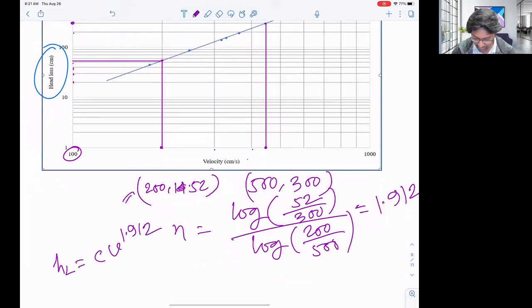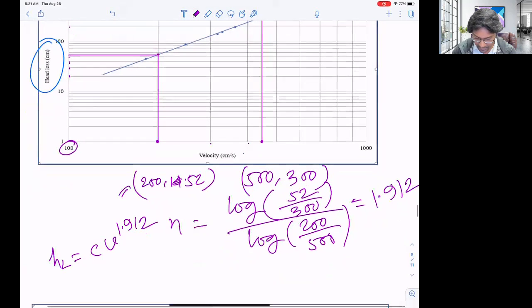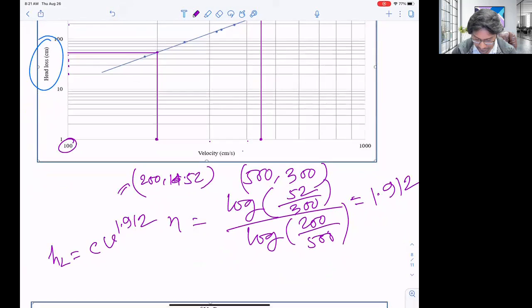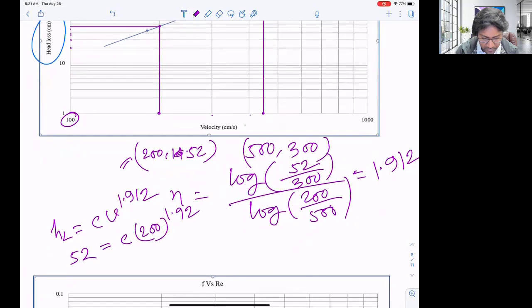If I use the first point, what is the head loss? 52. So 52 is equal to C, which is unknown, times the velocity 200 to the power 1.912. So 52 divided by 200 to the power 1.912, and we have 2.065 into 10 to the power minus 3.